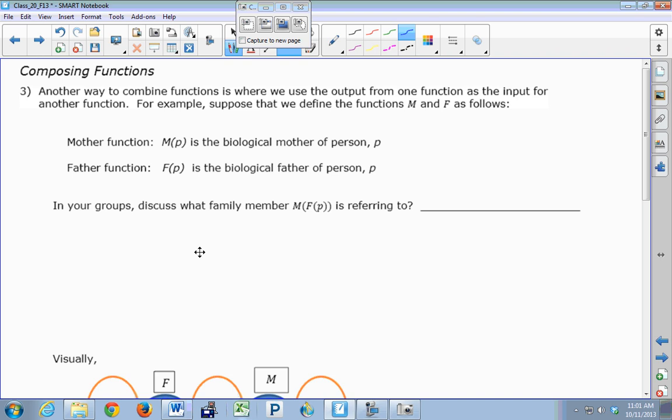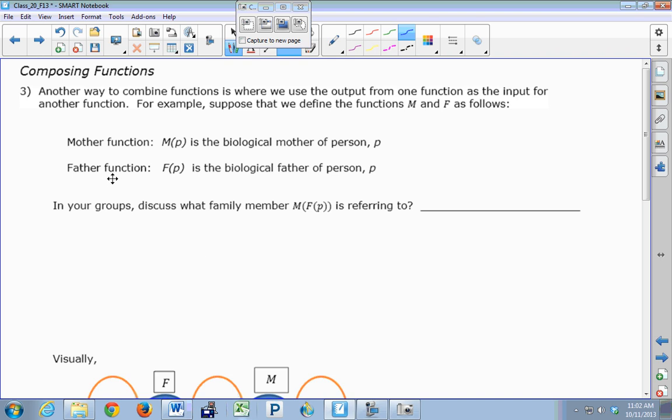The domain is P. So what are legitimate values, legitimate inputs for P? All human beings, right? Okay, all human beings.